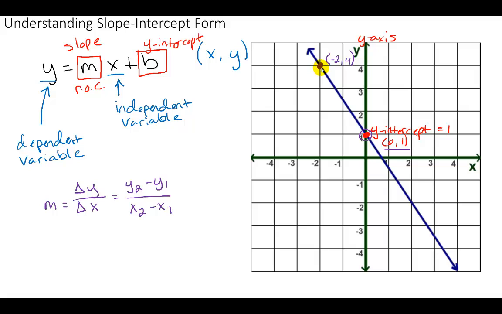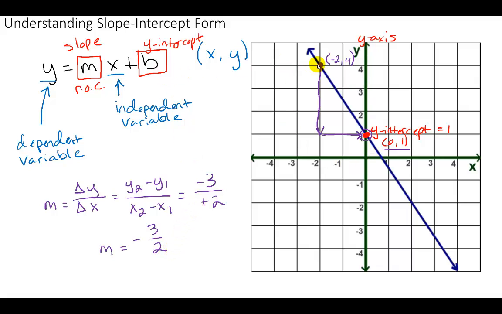So we are going down from our first point. We went from 4 down to 1. So we're actually going down 3. And then we are going over from -2 to 0, which means we're going over a +2. Our slope is a -3/2.